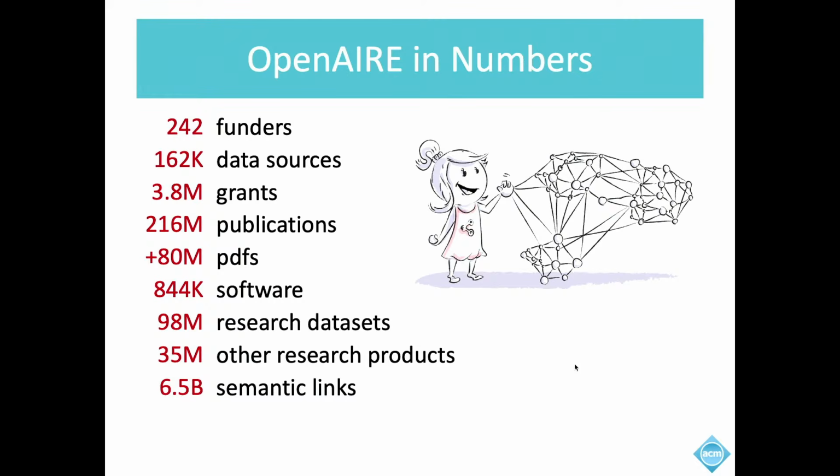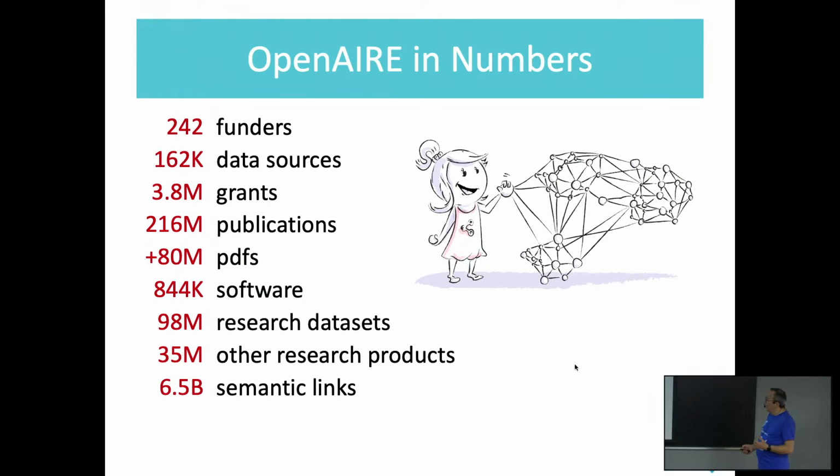Almost 4 million research grants that are identified there and connected to the publications, to the people who got it, the institutions, and so on. Software, 100 million data sets, and more than 6.5 billion semantic links of various forms. It's a very rich research graph. How many of you know OpenAlex? Good, only one. Forget it. OpenAIRE is way better than OpenAlex.